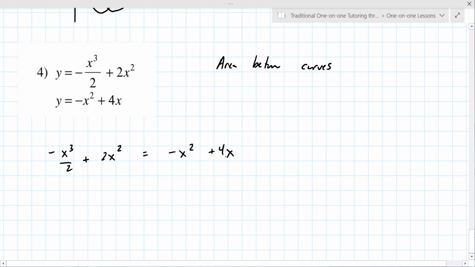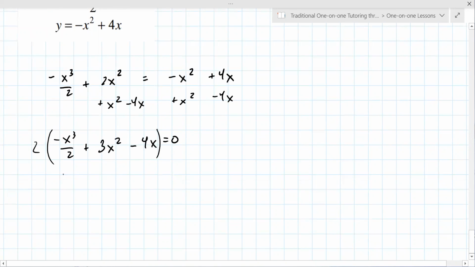Okay. So we're going to get rid of the fraction at some point, but let's add the x squared over to the left, and then we'll subtract the 4x. So that gives you minus x cubed over 2 plus 3x squared minus 4x equals 0.